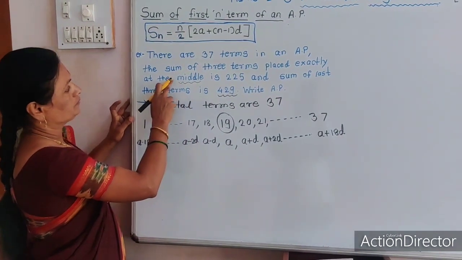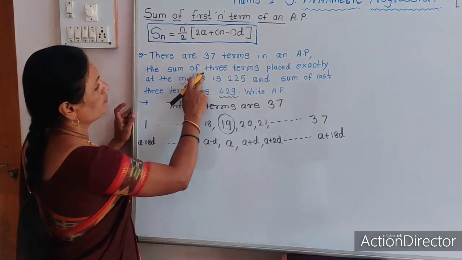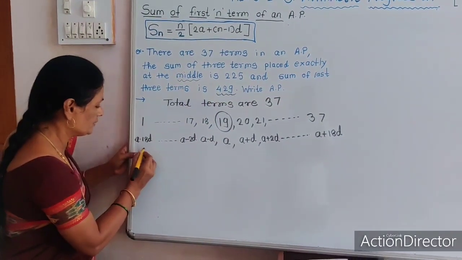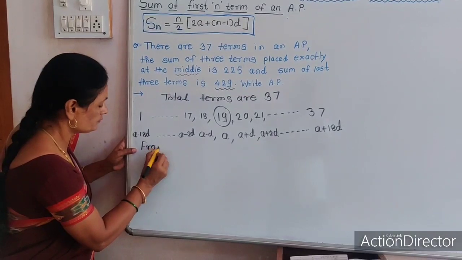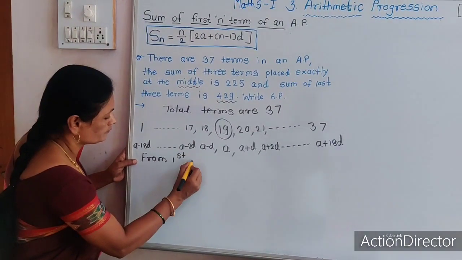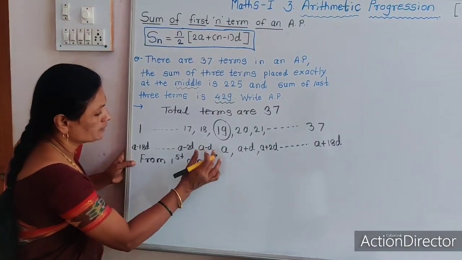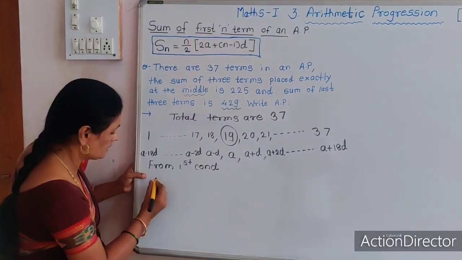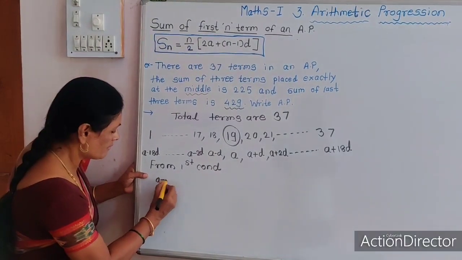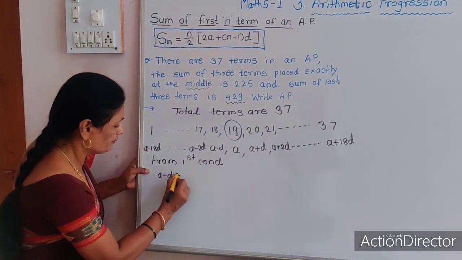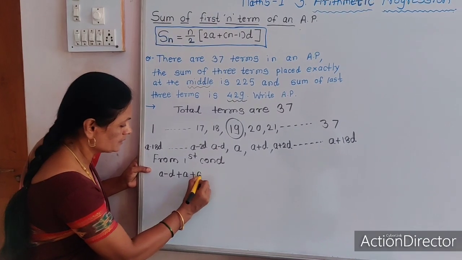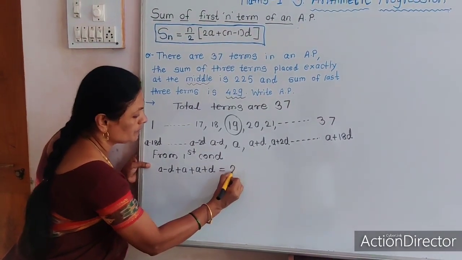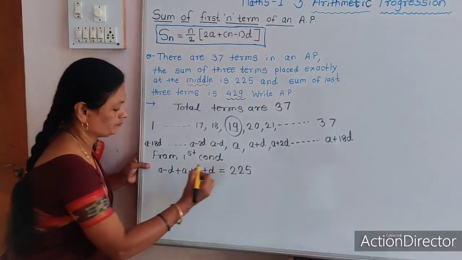From the first condition, the sum of the three terms placed exactly at the middle: A minus D plus A plus A plus D is equal to 225.